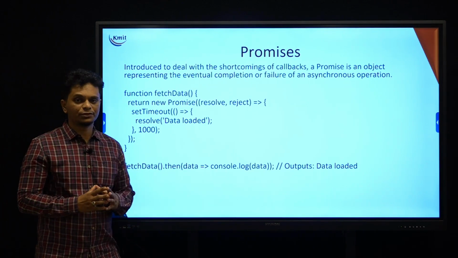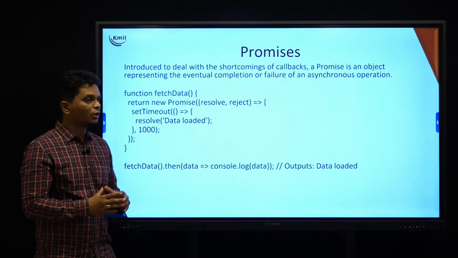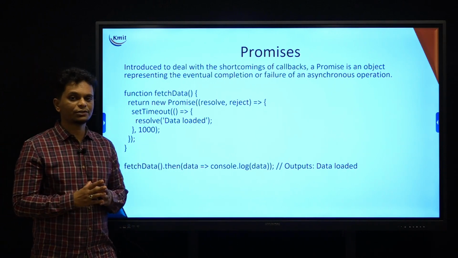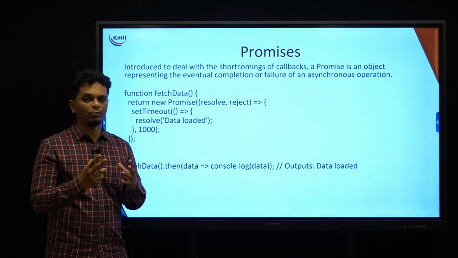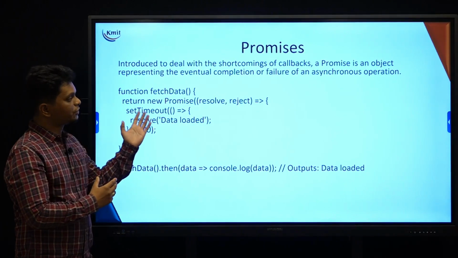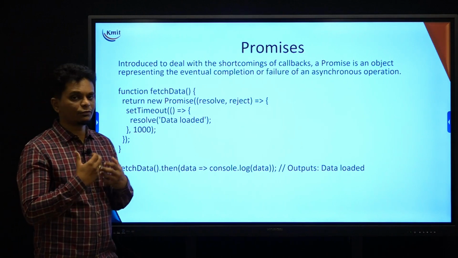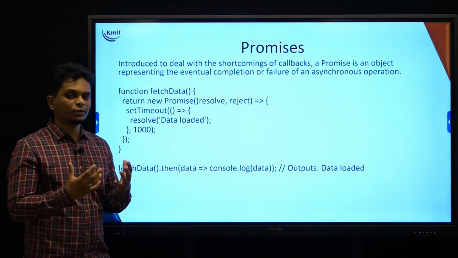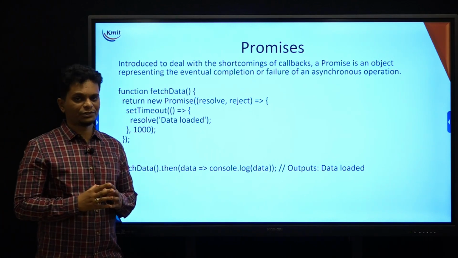Then came promises. Promises came as a rescue to callback hell. Promises, as we already discussed, return two properties, which are resolve and reject. Promises, like we already discussed, deal with the eventual success or failure of an operation.